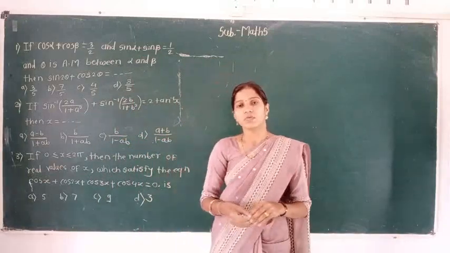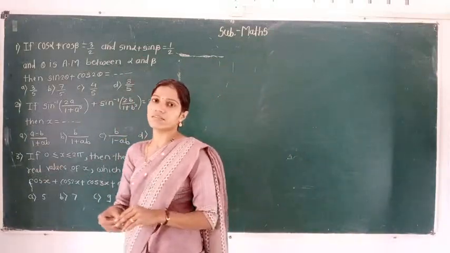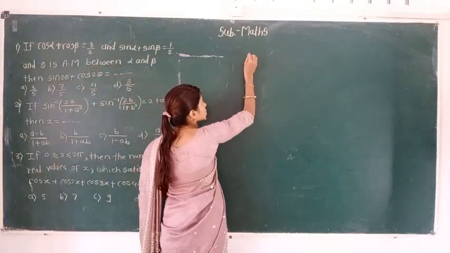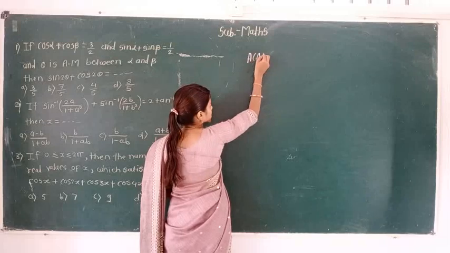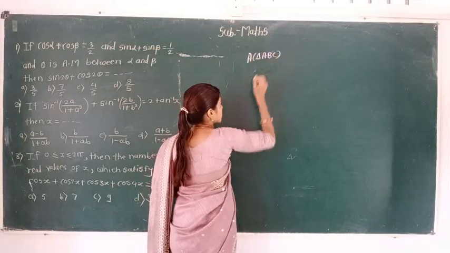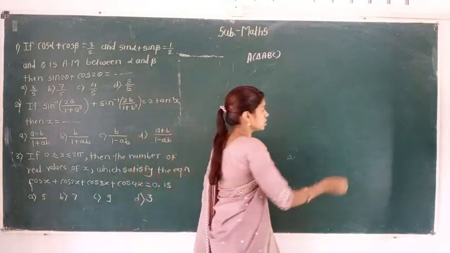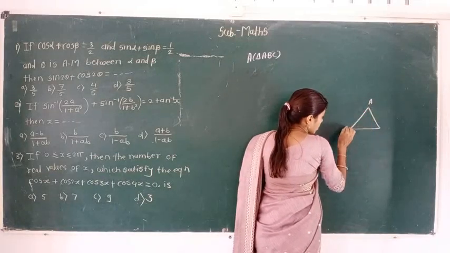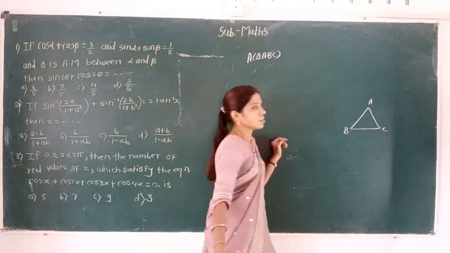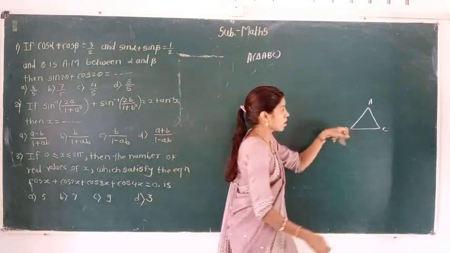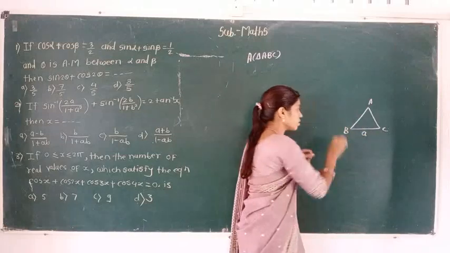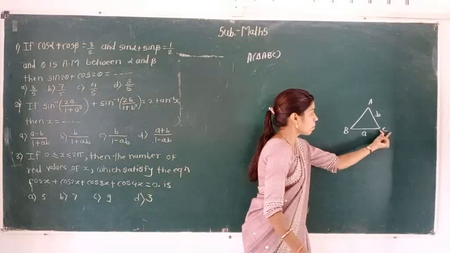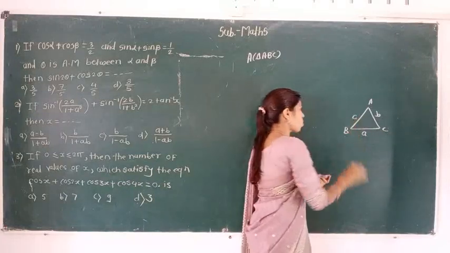In the previous lecture we already learned some important formulas. See the formula for area of triangle ABC. We know that in this triangle ABC, the length of the side opposite angle A is denoted as small a. The side opposite angle B is small b and the side opposite angle C is small c.